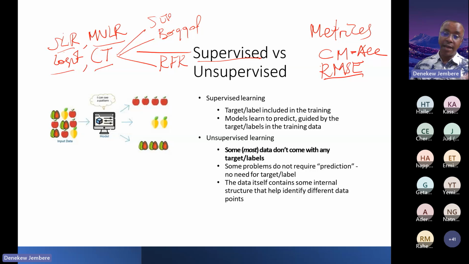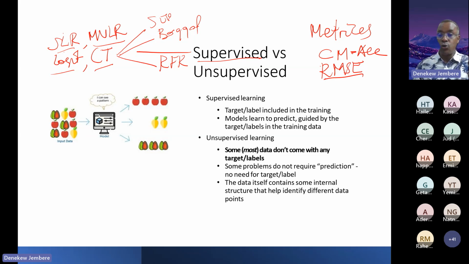On the other hand, unsupervised learning is learning without any label or any target value included. Most data don't come with any target or labels. In this scenario, you'd have to use unsupervised learning.